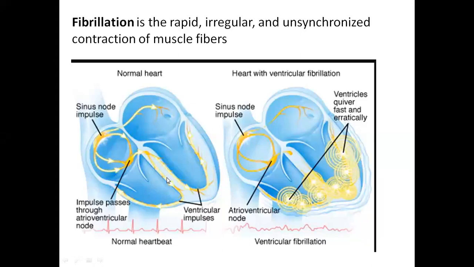If the heart is functioning normally, the figure below indicates the ECG waveform, which is produced properly. The next figure on the right side shows the heart with ventricular fibrillation.